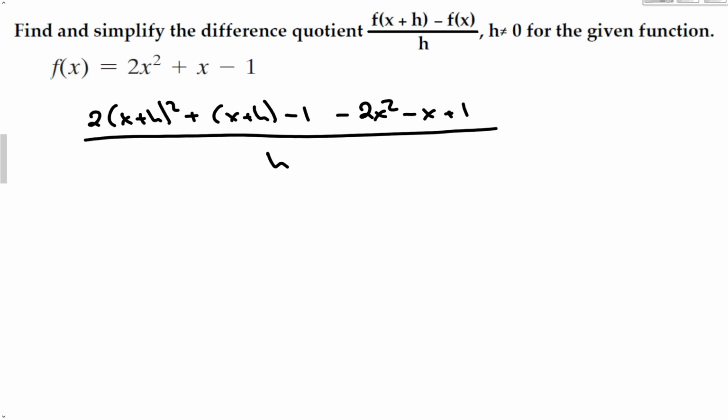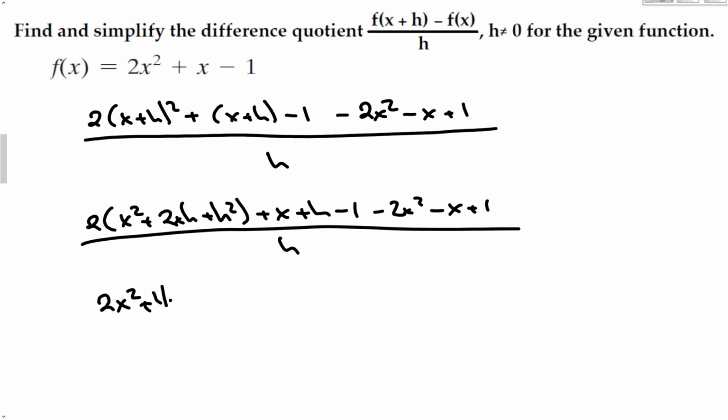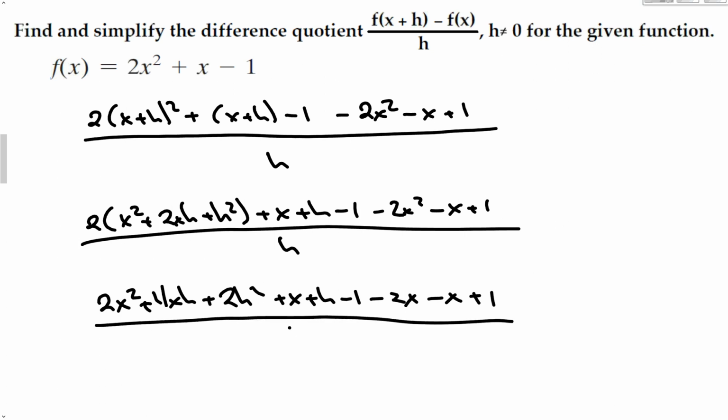Same thing, FOIL first, so 2 times x squared plus 2xh plus h squared, plus x plus h minus 1, minus 2x squared minus x plus 1, over h, and distribute the 2 to give me 2x squared plus 4xh plus 2h squared plus x plus h minus 1 minus 2x squared minus x plus 1, all over h.